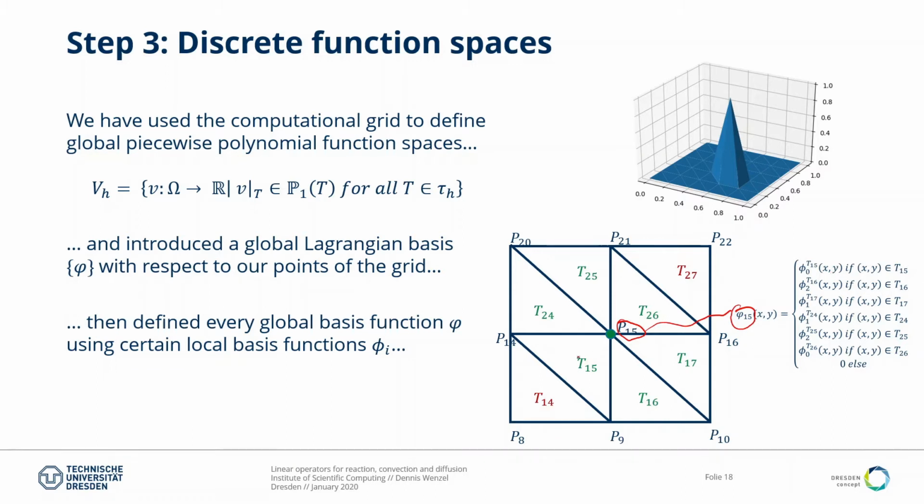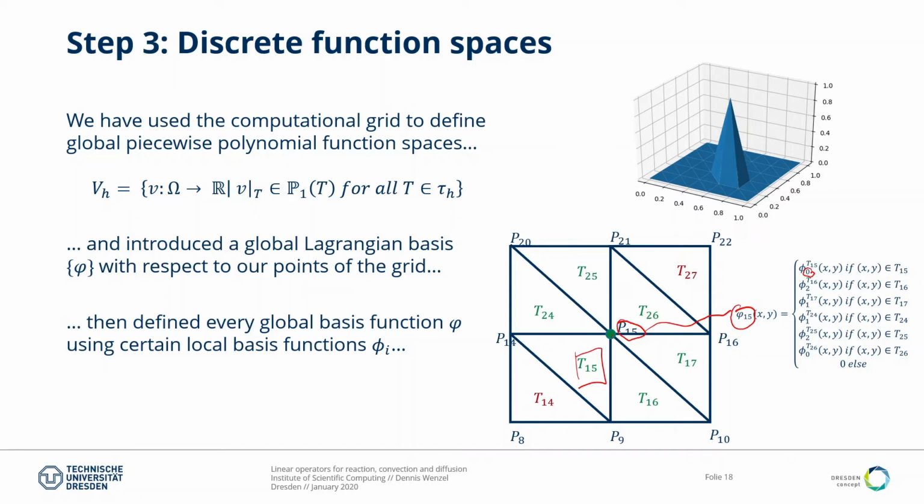So if I am on T15, I have to identify a certain local basis function. In this case, it's local basis function number 0, because my point P15 was vertex 0 of this triangle, right? It is the one opposing the longest edge, so that has a vertex index 0. That's why it also corresponds with a local linear basis function with index 0.